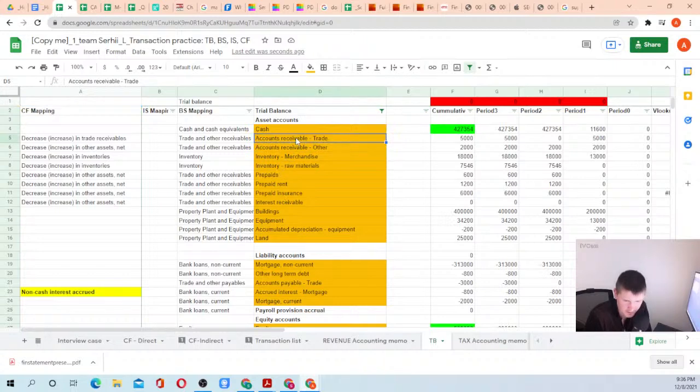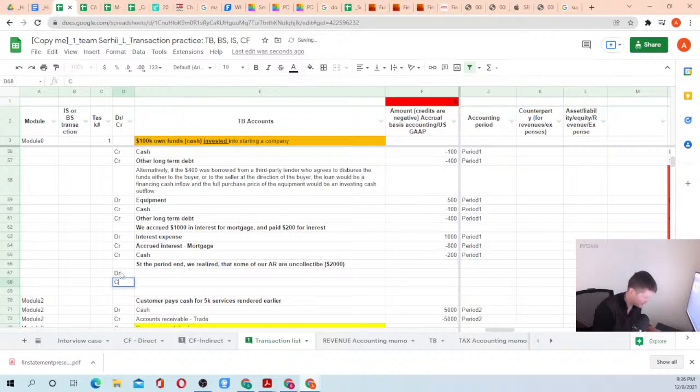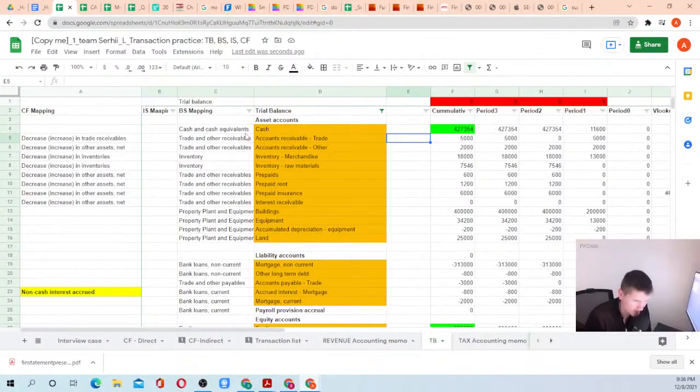Accounts receivable trade, period 1, 5000. Okay, so we have debit and credit. On the debit side, we will go through accounts receivable allowance.